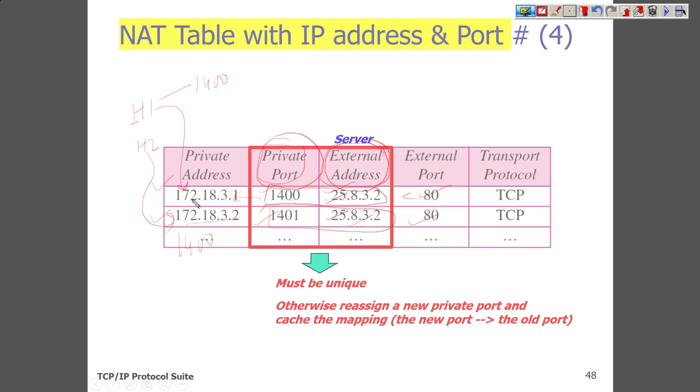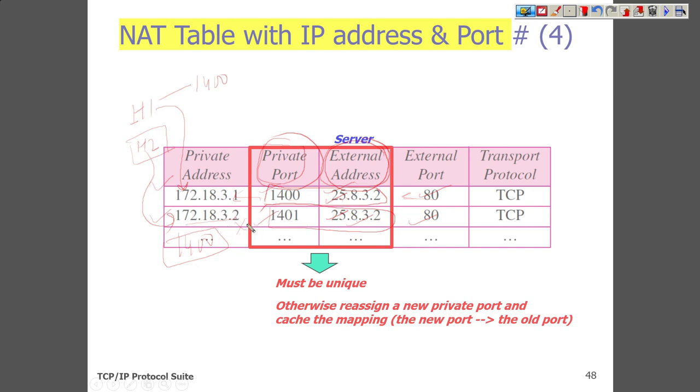When this entry has been made and this request has been sent, the NAT table will discard the request, because this number has already been given to the other host machine. So this port number should be different. It will discard this request and ask this host to regenerate a new port number.